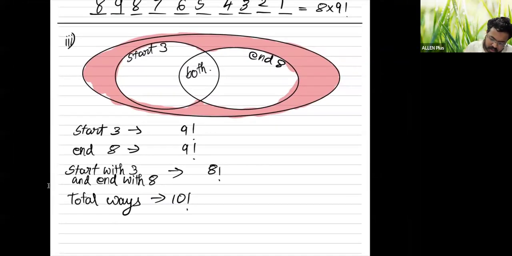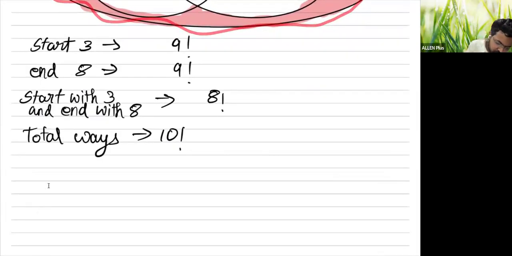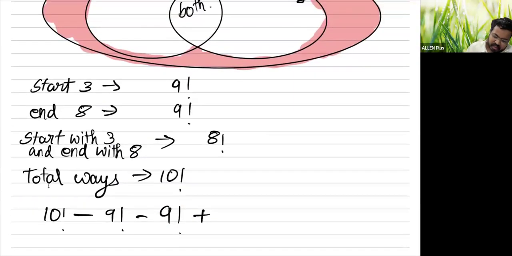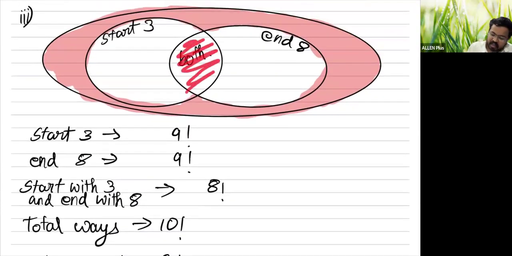So the way to solve this question, finding this red region, is you take the total 10 factorial ways, subtract out the number of ways that start with 3, which is 9 factorial, subtract out another number of ways that end in 8, as another 9 factorial ways gone. Then you will add back the region which both start with 3 and end in 8.